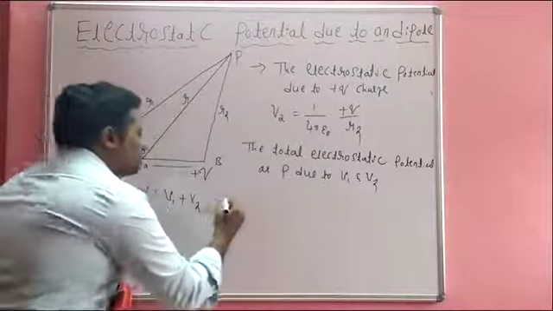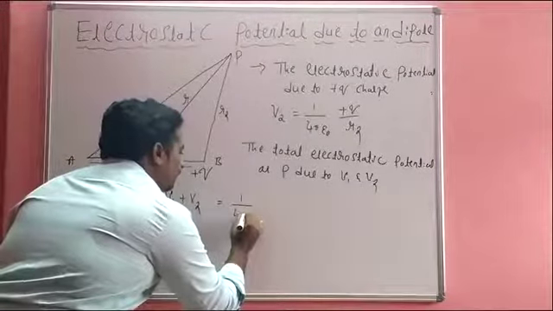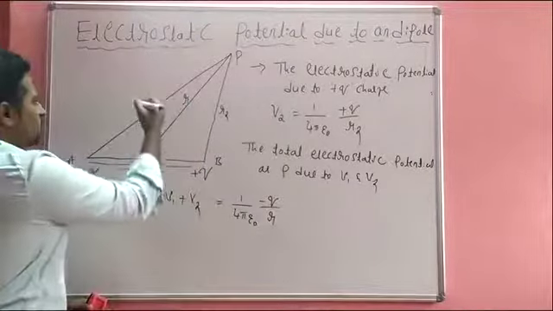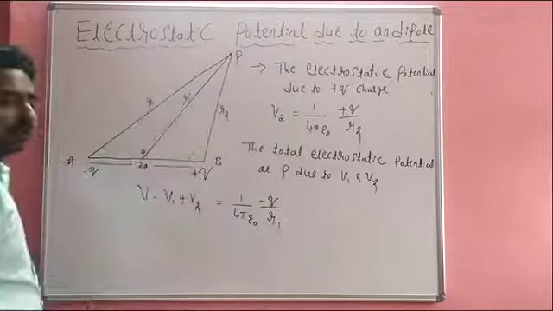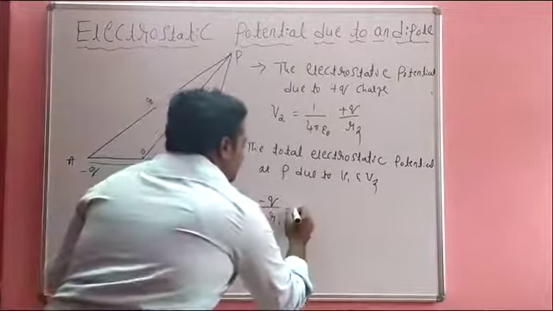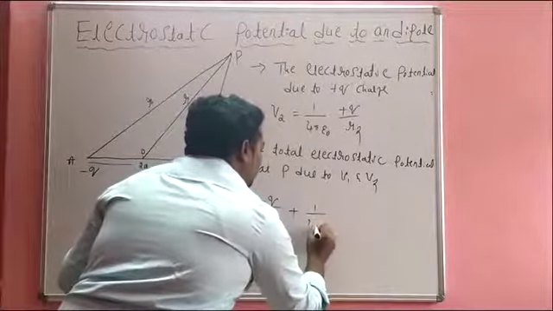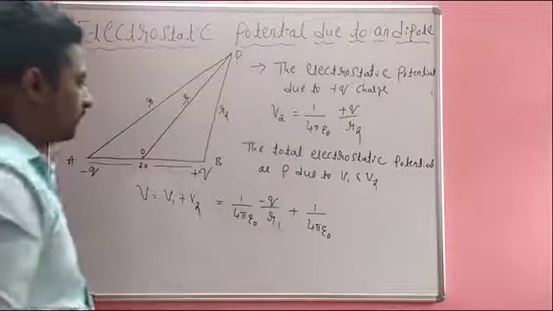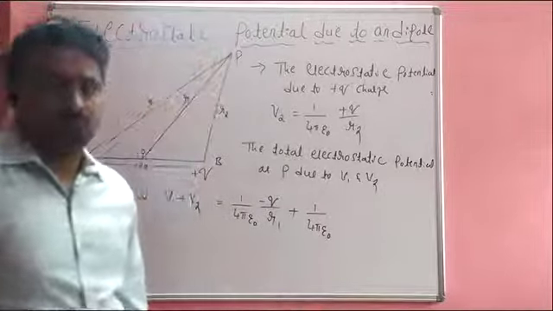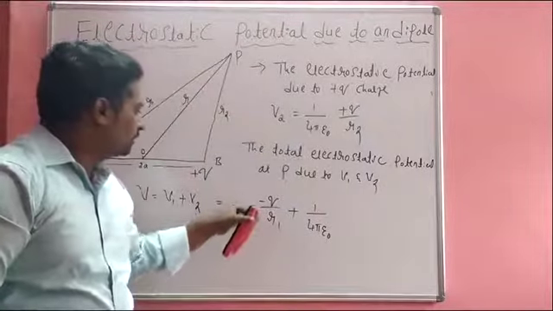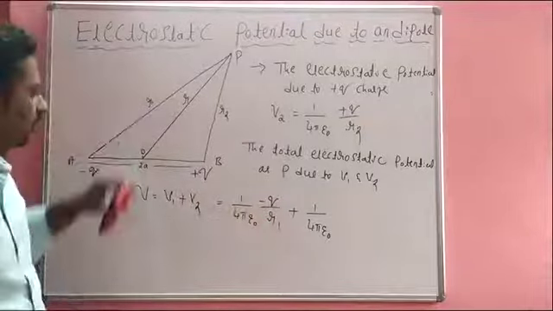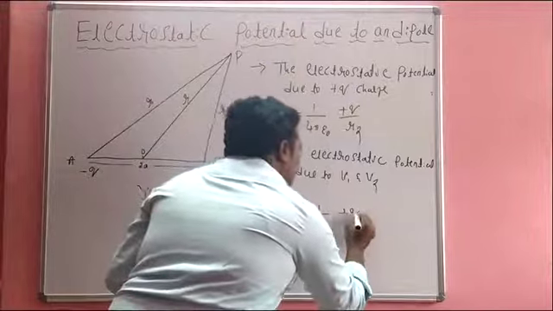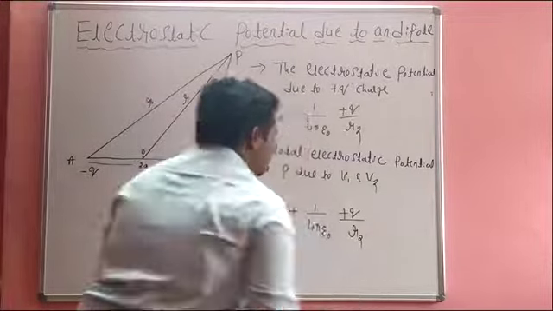V1 is 1 divided by 4 pi epsilon naught times minus Q divided by R1, plus 1 divided by 4 pi epsilon naught times plus Q divided by R2.